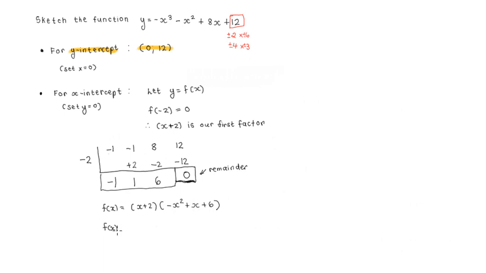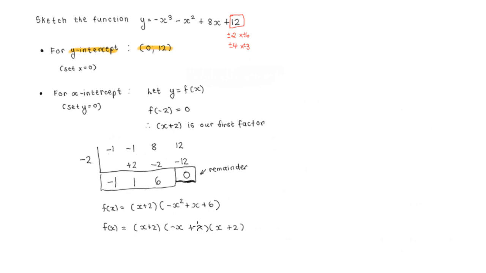So f of x can then be further factorized as x plus 2, and then we're going to need a negative x and a positive x. Let's write down a positive 2 over here, because that negative x times this positive 2 will give us a negative 2.